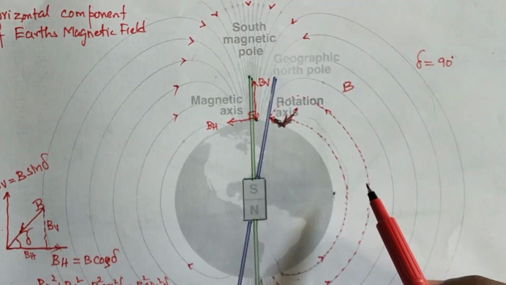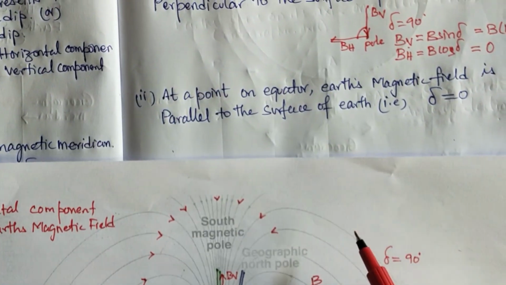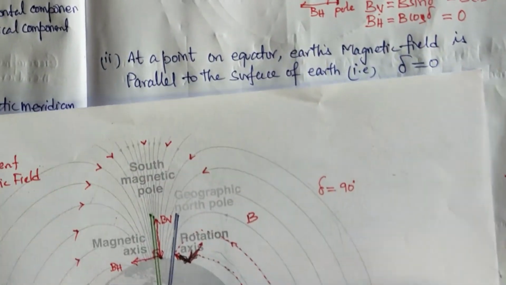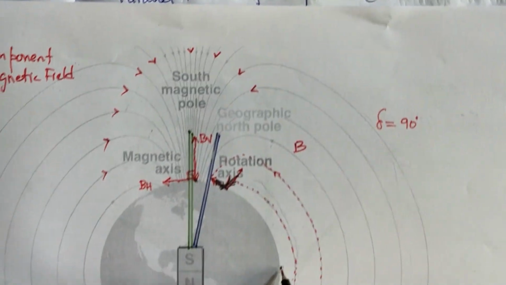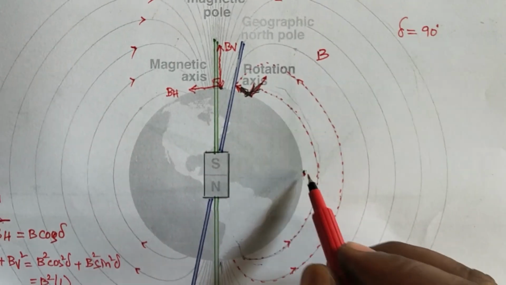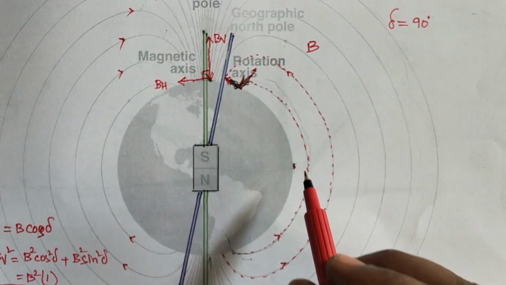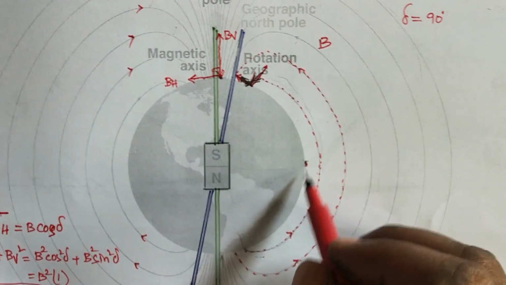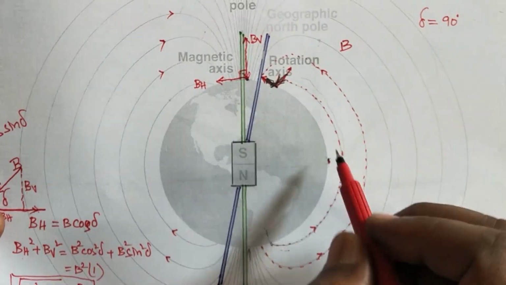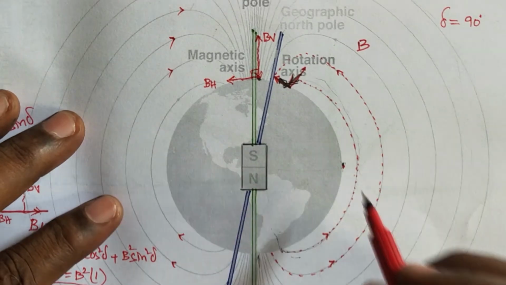Now, let us see the next case. Second case. At a point on the equator, how is the magnetic field line? Let us measure the dip at this point. I have taken this point on the equator. The direction of the horizontal component is from the magnetic north to south.